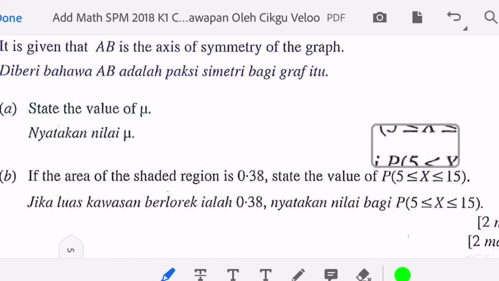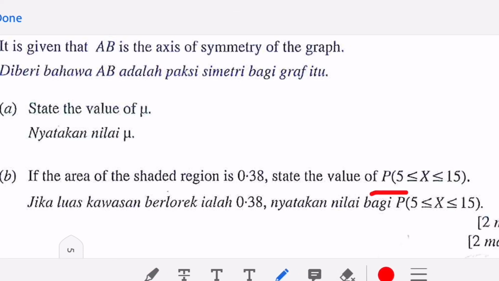The probability actually means area. Area is represented by probability. So bear in mind that the area of the bell shape is represented by probability.